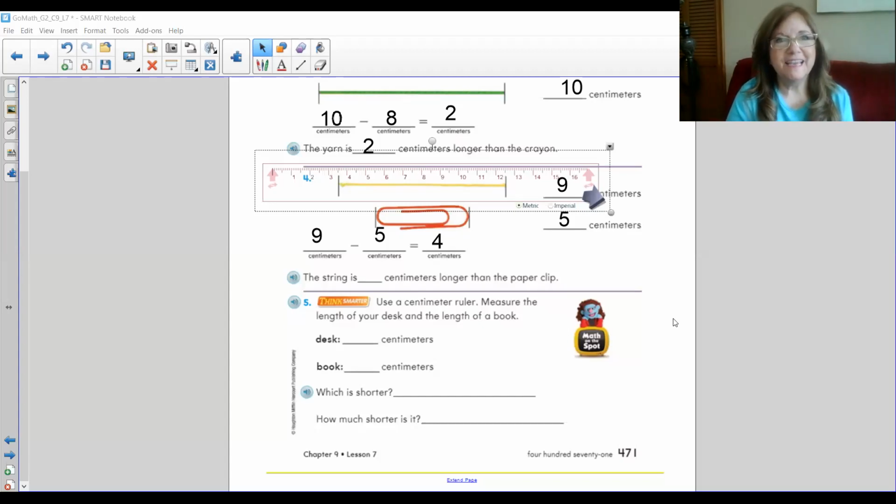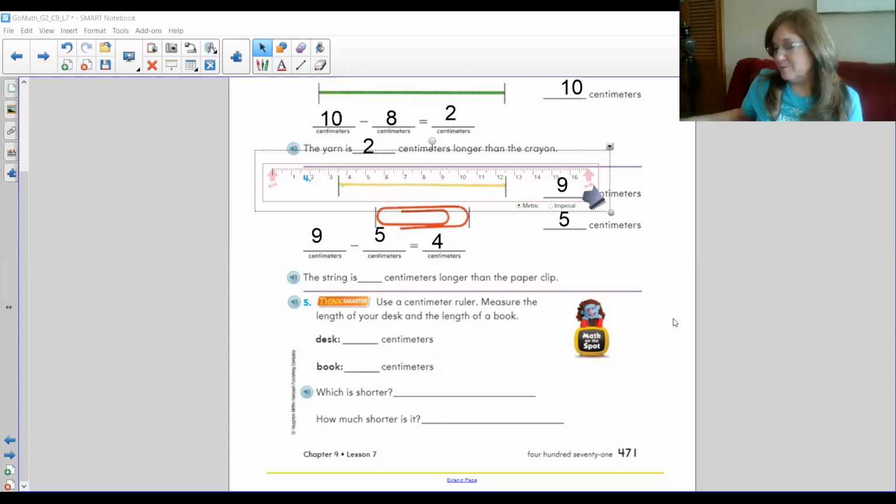Okay, so hopefully you enjoyed that little video with Joey and Professor Rena. If you have your centimeter ruler and found something in your house to measure, like a desk or a table, and also measured a book and compared them, that would be great.